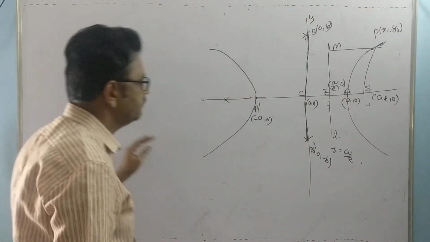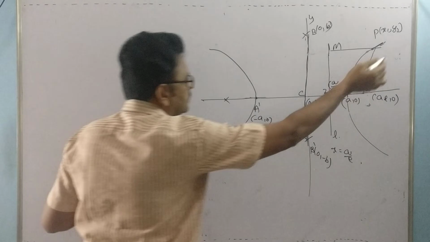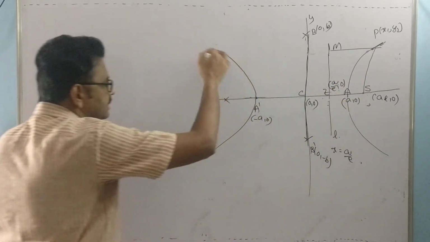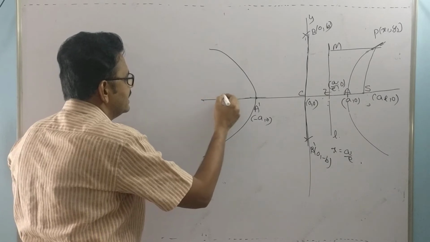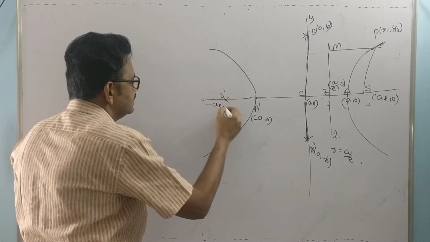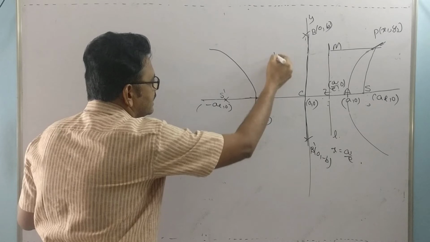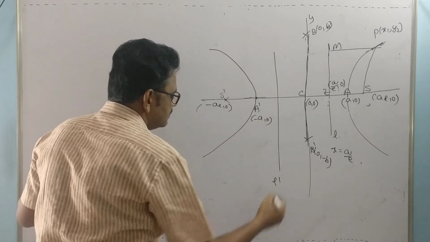Now the curve is symmetric about both the axes. So by the symmetry of the curve, there exists a second focus S dash (minus AE, 0) and its corresponding directrix Z dash.